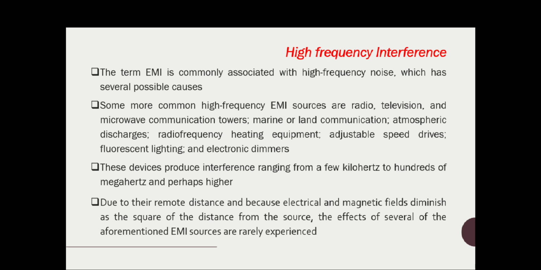Some high frequency EMI sources are radio, television, microwave communication towers, marine or land communication, atmospheric discharges, radio frequency heating equipment, adjustable speed drives, fluorescent lighting, electronic dimmers, etc. These devices produce interference ranging from a few kilohertz to hundreds of megahertz and perhaps higher values.